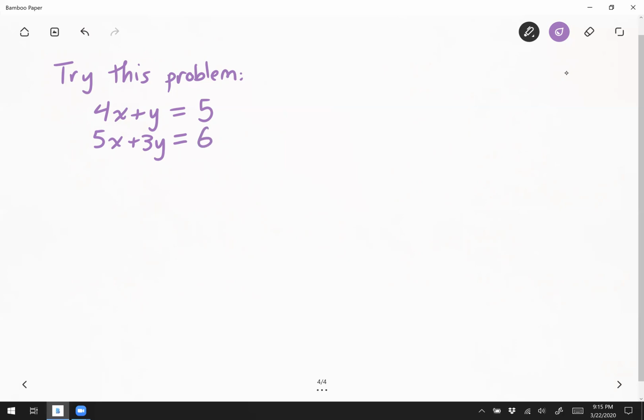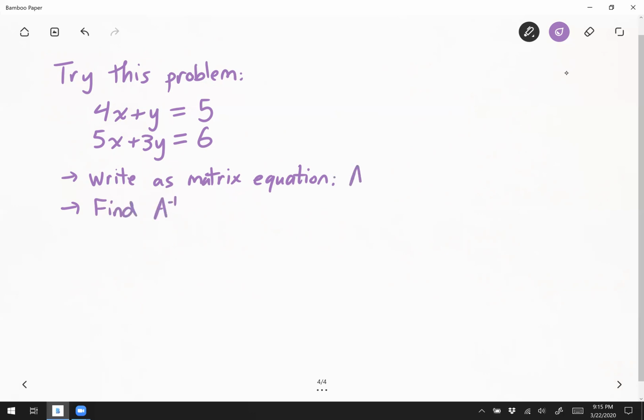For this, what I'd like you to do is try to write it as a matrix equation. We can write this equation in many forms, but we're really interested in matrix equations today. And then, before we solve, find A inverse.